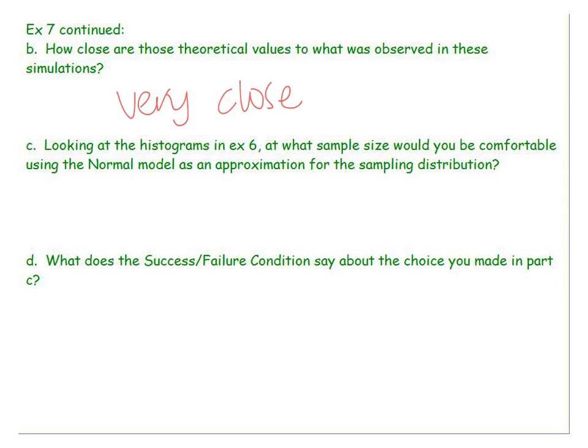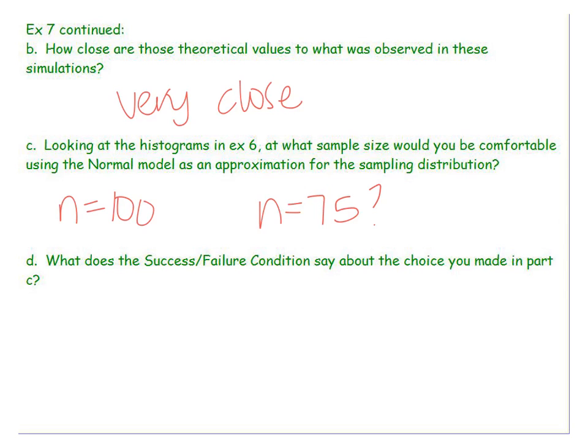It definitely was not going towards symmetrical. Now, I would confidently say that we could use it for a sample size of 100. No doubt. That looked very normal looking. But do you think it would work for a sample size of 75? What do you think? Do you think we could use the normal model for 75? You know, that's a decision that maybe is not as easy to make.